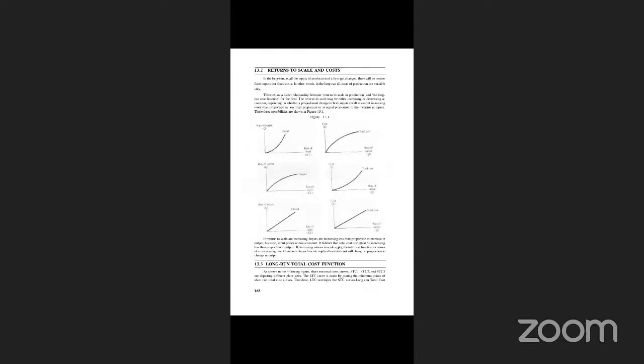In the long run total cost function, it refers to the minimum cost at a given level of output which can be produced. So LTC represents the least cost of different quantities of outputs, and this figure shows the same thing. It increases at a decreasing rate, then increases at a constant rate, and finally at an increasing rate. So slowly it increases, again it decreases, again it increases.